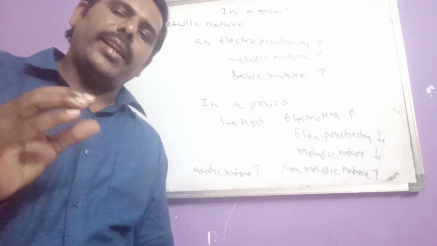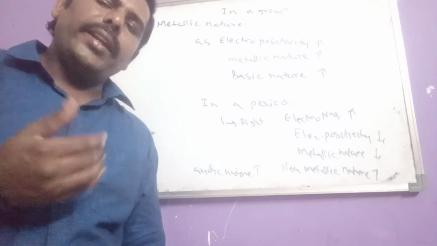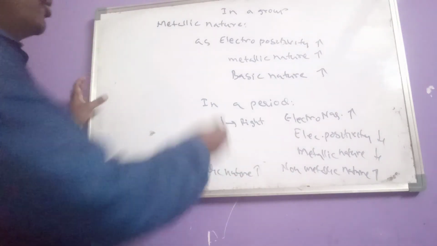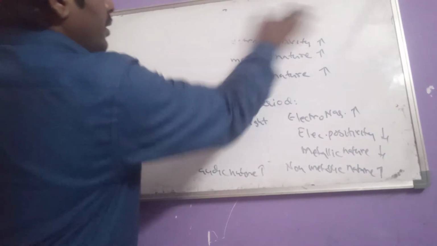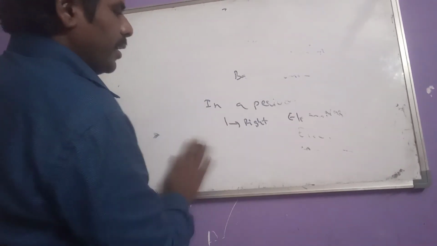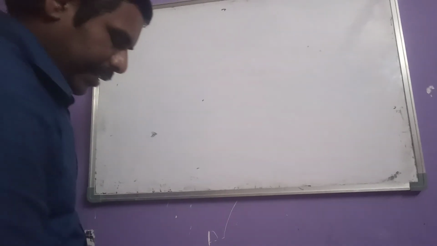So this is related to a group, and in a period these statements are reversed. So this is regarding electronegativity, the scales used to measure electronegativity, and applications of electronegativity.